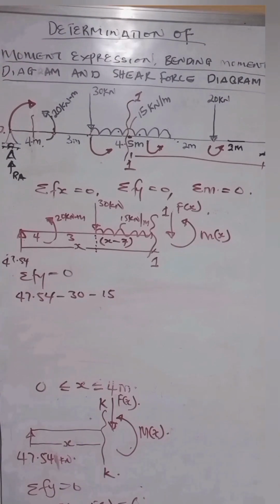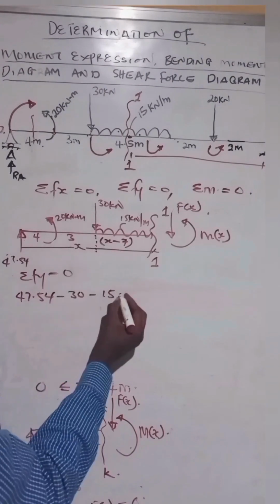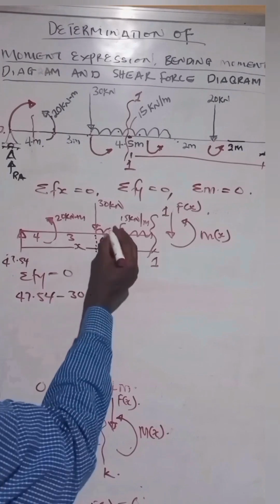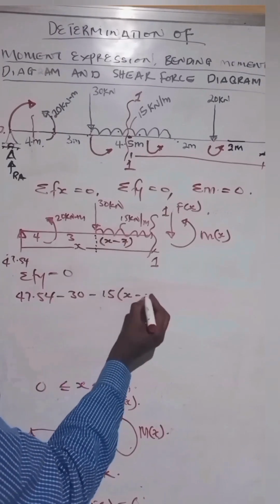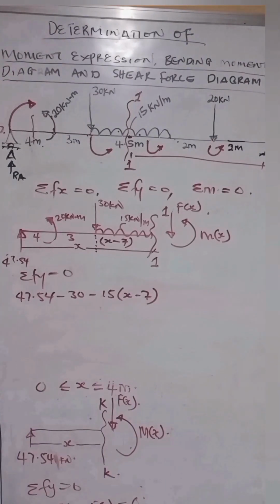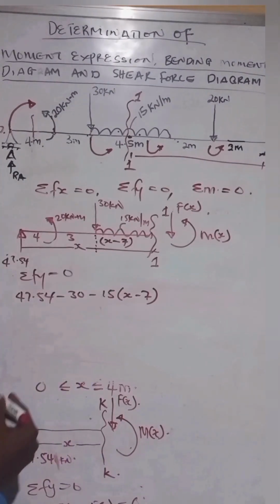So for this load, we are having minus 30. Here becomes 15 times x minus what? 7. All right. So this would be the shear at that point, because this load times this will give us the force. So it becomes minus 7.